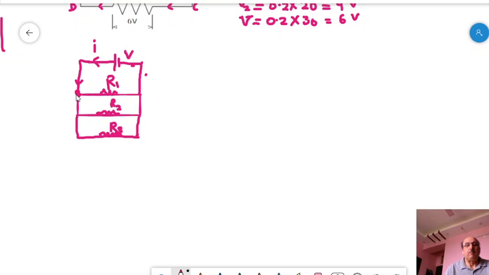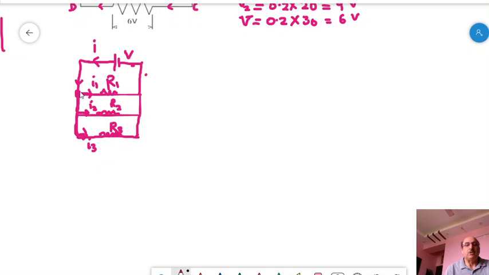Now here the current through R1 resistance is I1, because now current is distributing here. The current on R2 is I2, and the current on R3 is I3.